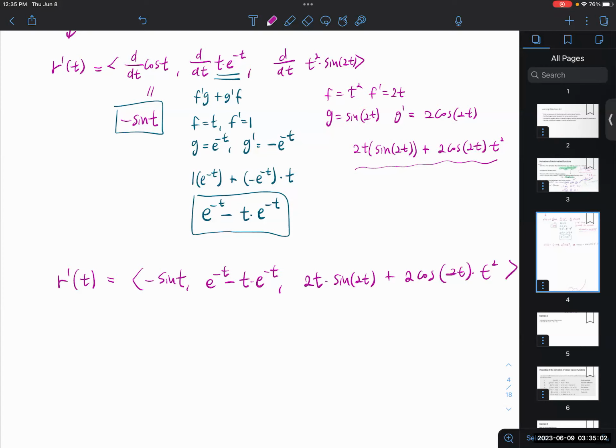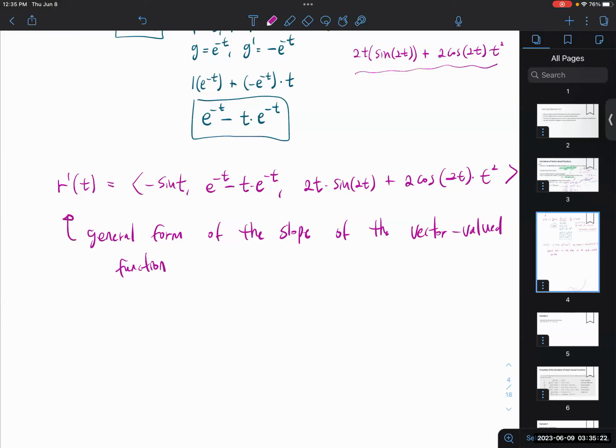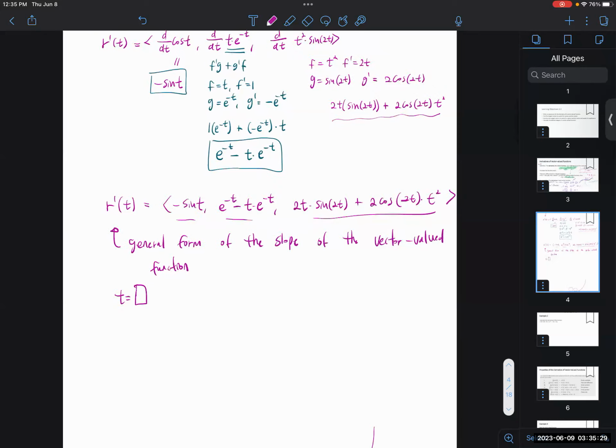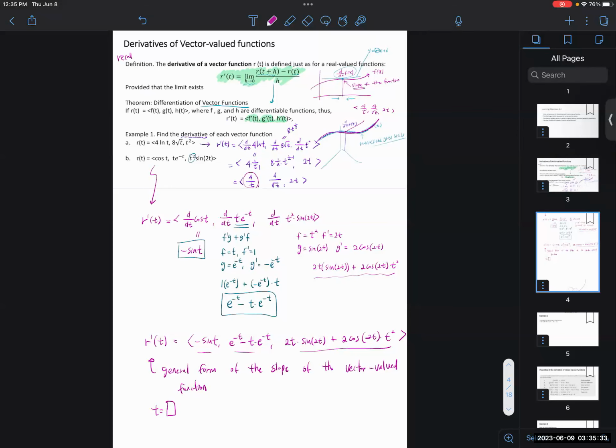So that's the general form of the slope of the vector valued function in this problem. And if t is whatever number is given, you can simplify the answer as well. But we don't need to, they didn't give that information. So that's the derivative of the vector valued function.